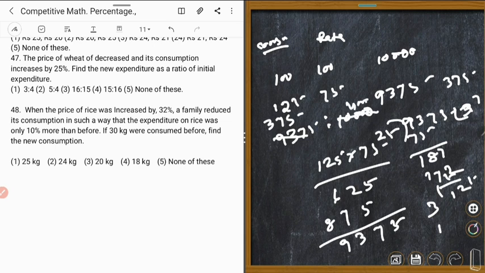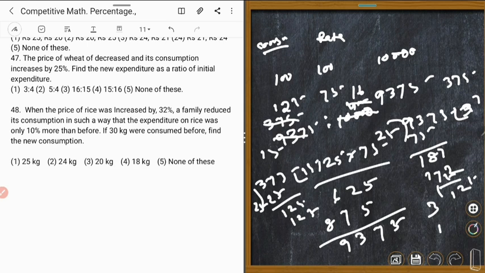Again 25. 25 into 375. 25 into 16 is 400. 25 into 15 is 375. This is 15, this is 16.